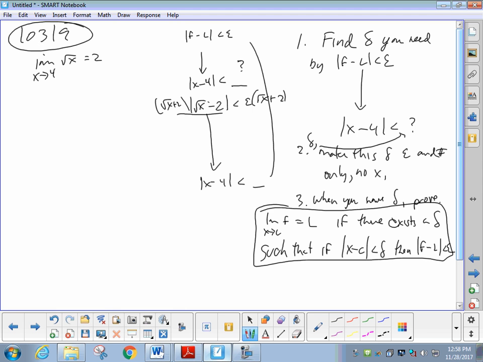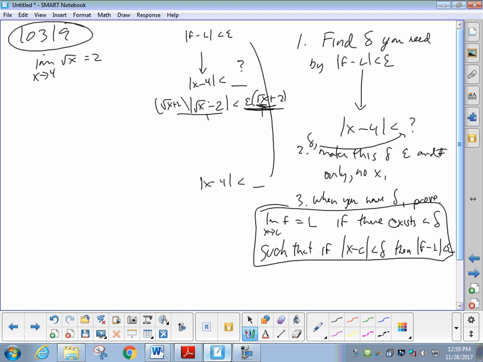Now, when I say find the delta you'll need, when you get there, you're going to find that this side is not as clean as I need it to be. It's more of a function of epsilon and x, and it's supposed to be just a function of epsilon only. Are you with me? So the next step is to figure out, what is root x plus 2 like?